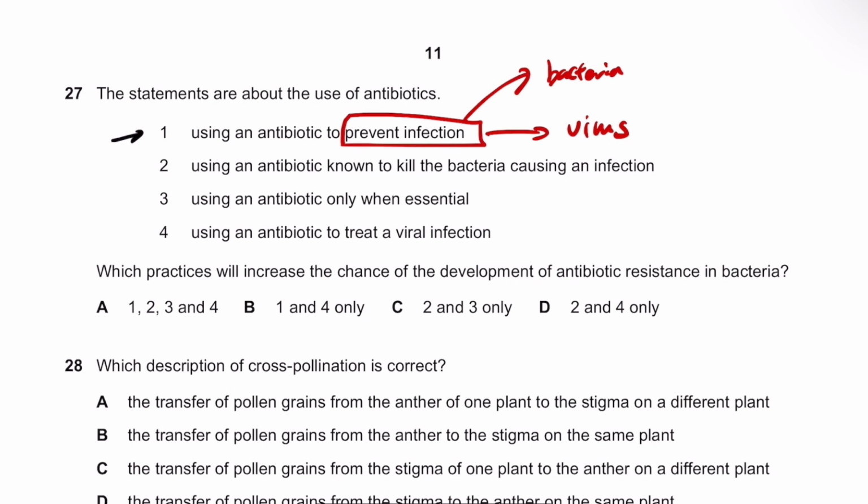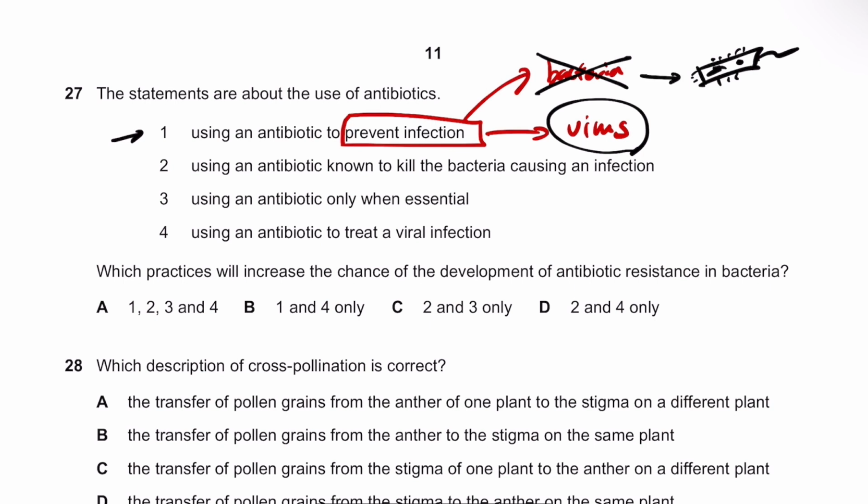regardless of the cause of the infection, then it can actually develop antibiotic resistance in bacteria, because if the infection happened not by bacteria but virus, then the bacteria inside the body will be exposed to antibiotics that can be effective to them, but not enough. So some of the bacteria can survive, and they can become antibiotic resistant bacteria as well.